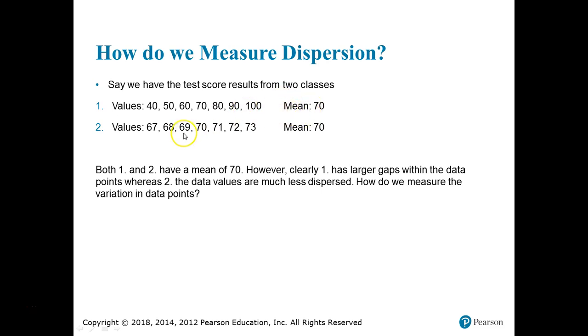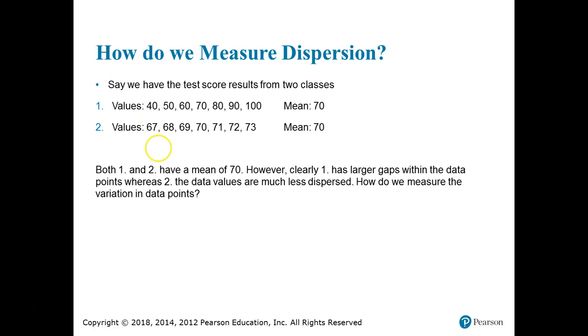The test from a different class, class 2, got 67, 68, 69, 70, 71, 72, and 73. Also a mean of 70. So both 1 and 2 have a mean of 70. But would you say that there's a difference between the results from class 1 and class 2? Well, yeah. Clearly, class 1 has much larger gaps within the data points, whereas in class 2, they're much less dispersed.